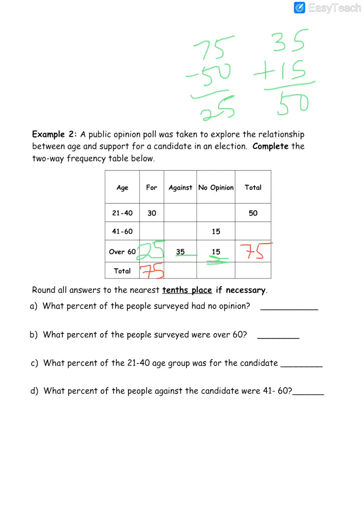Okay, now that I have that number, now I could work up and down for the people that were for. If the total is 75 and I have 25 and 30, so here I am again, I'm going to do some adding. You can do it in your head too. 25 and 30 gives me 55, and then 75 minus 55 gives me 20. So you have to play a little bit here to figure out some of the missing numbers.